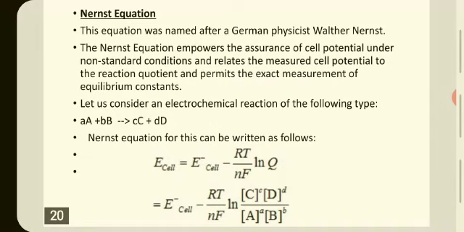Now let us consider an electrochemical reaction taking place as given below.